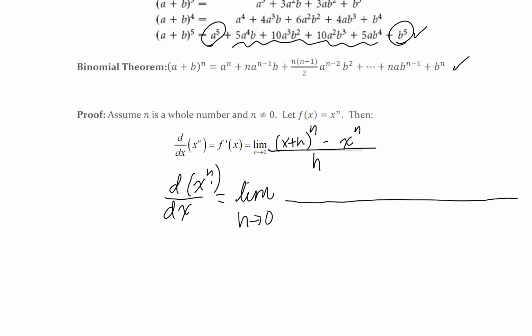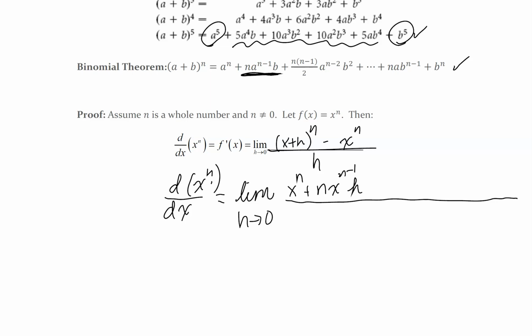Now, what are we going to see here? We are going to see first x to the n plus some constant, whatever that might be. In this case, it would be n x to the n minus 1 times h.